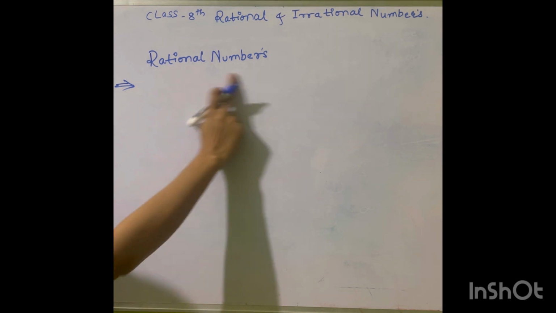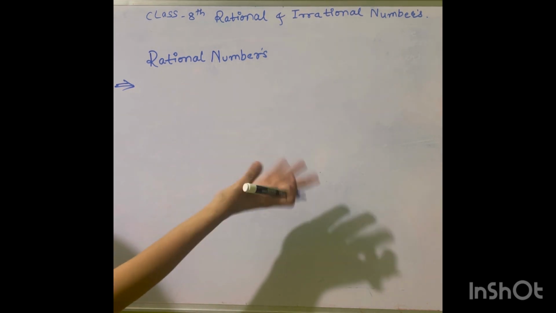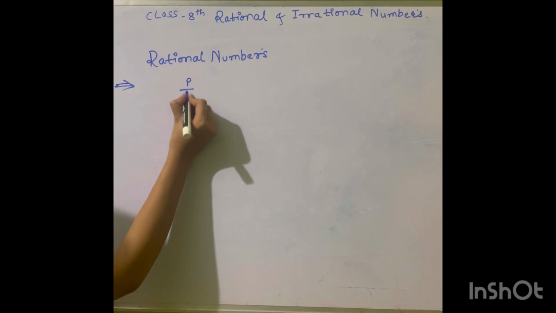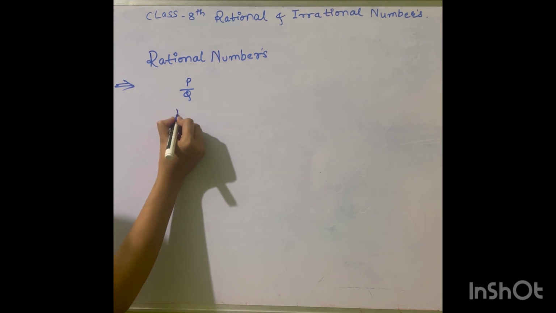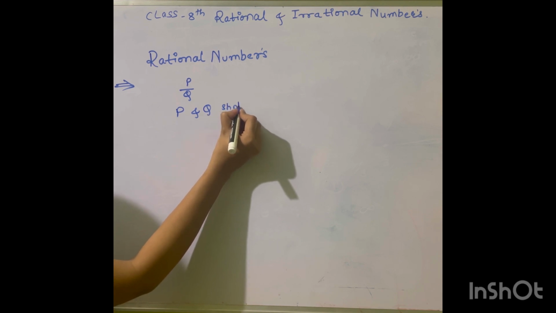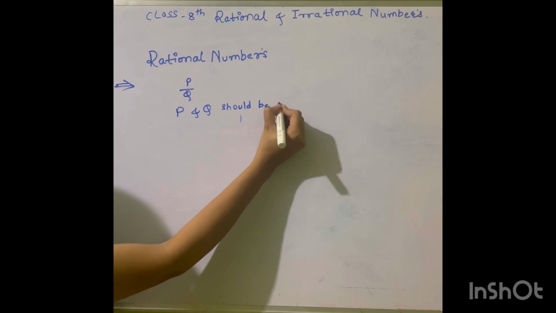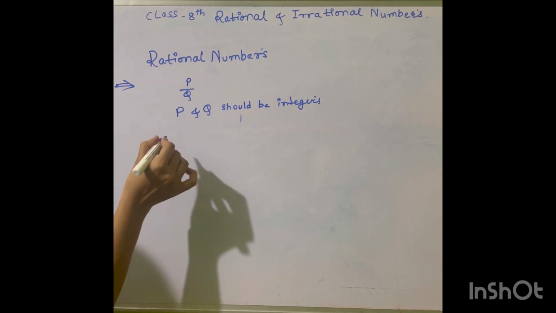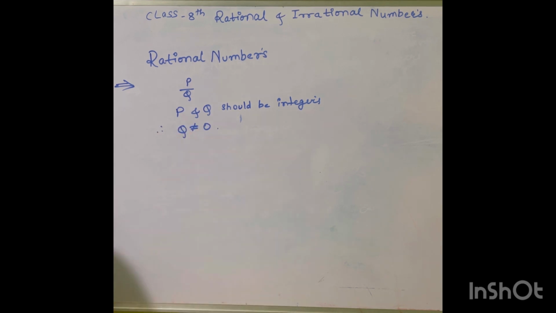Let's see the definition of rational numbers. The numbers that can be written as P upon Q, where P and Q should be integers, and Q is not equal to 0.